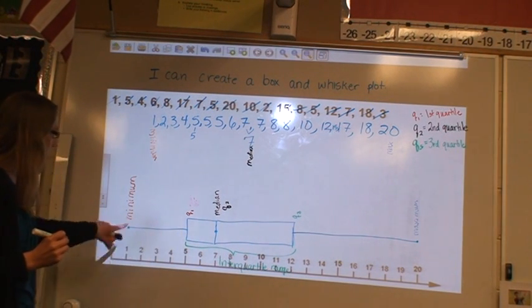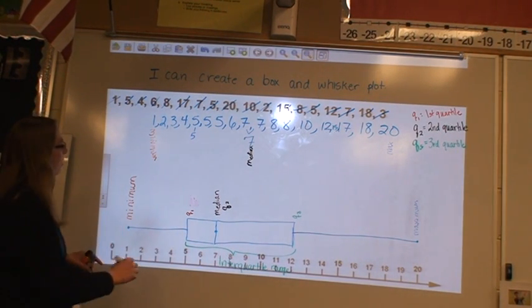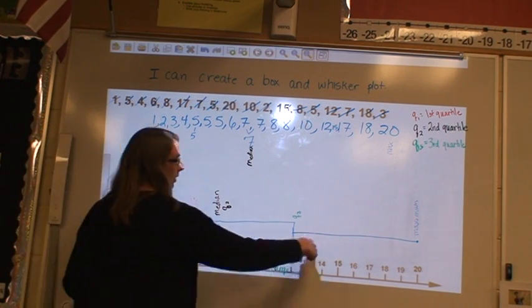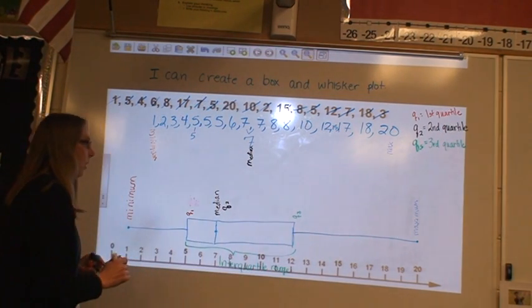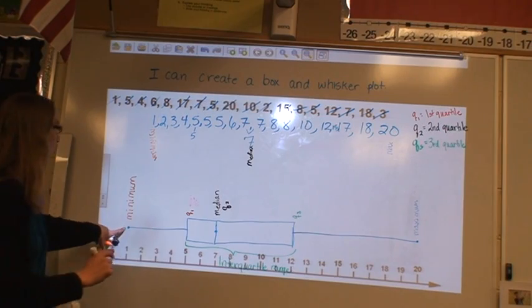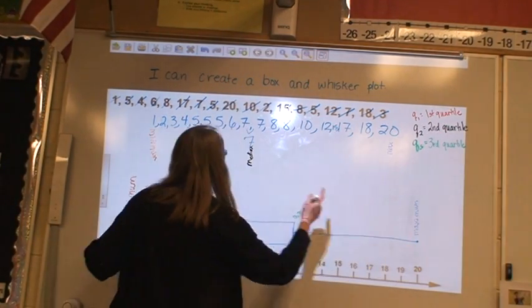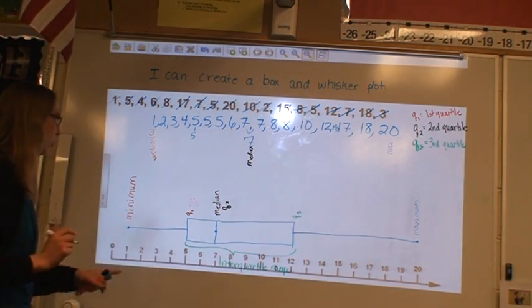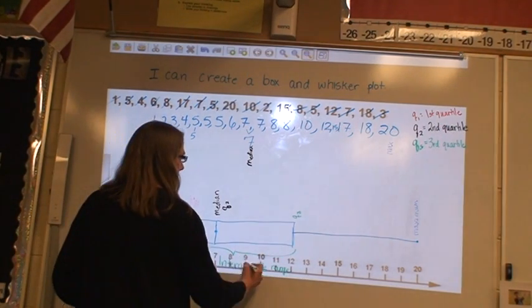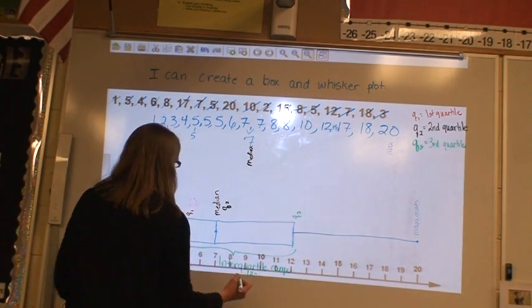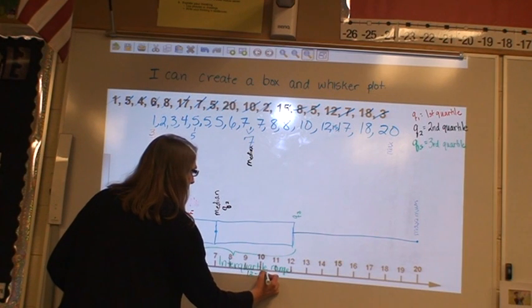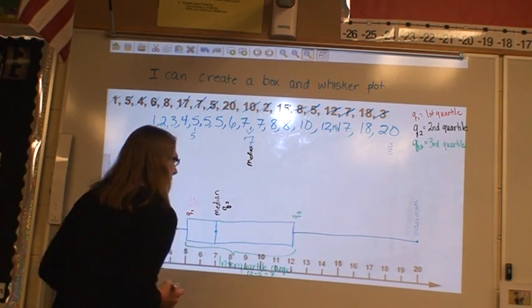Out here you just have little tiny bits. These are kind of like your outliers. You only have a few that are going to be outside of this interquartile range. And then this is your total range from 20 down to 1 would be your total range. Your interquartile range, though, is just going to be 12 minus 5. So if they ask for your interquartile range, it's just going to be 7.